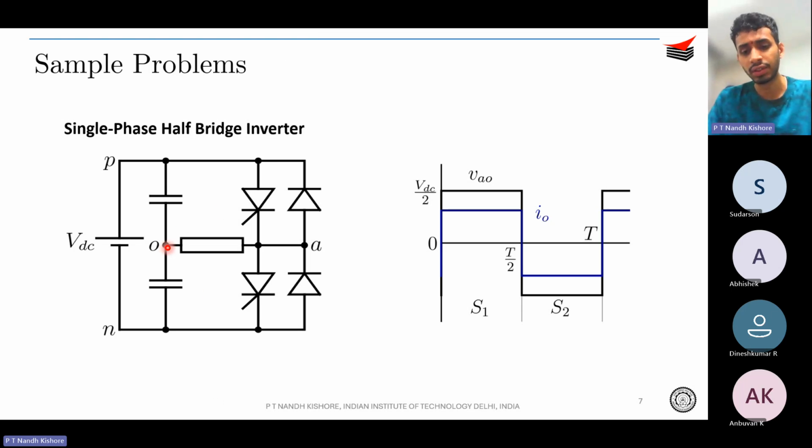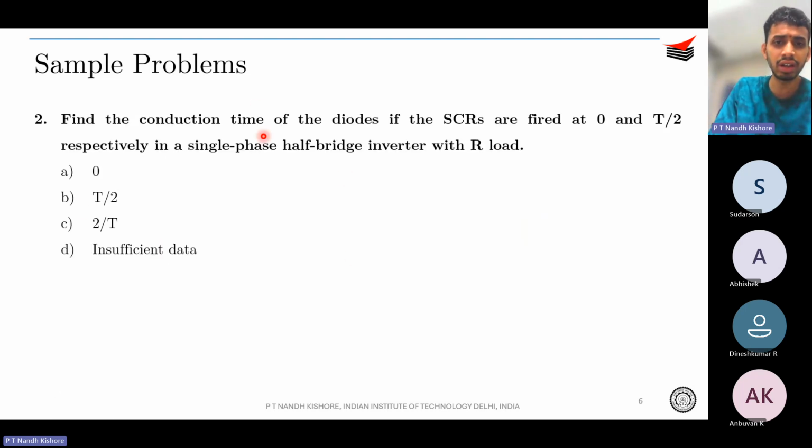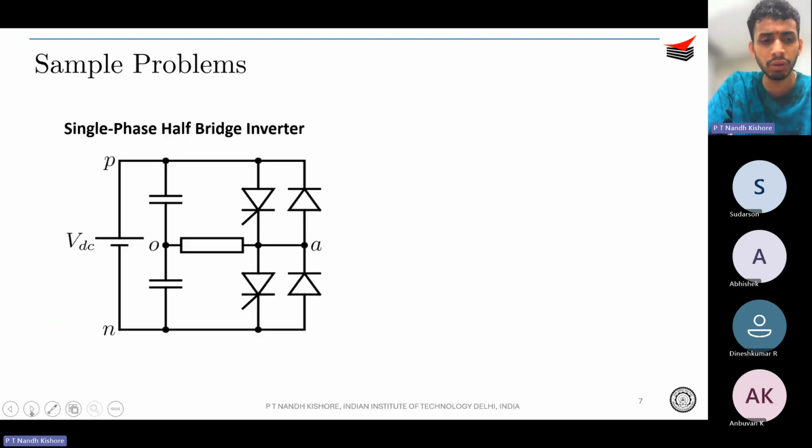So when does the diode come into play? The diode will come into play only if there's a freewheeling interval, where the inductor will force the current through the anti-parallel diode. But over here, in the question itself, it's given that it's a pure resistive load, R load. So there is no role of the diodes over here.